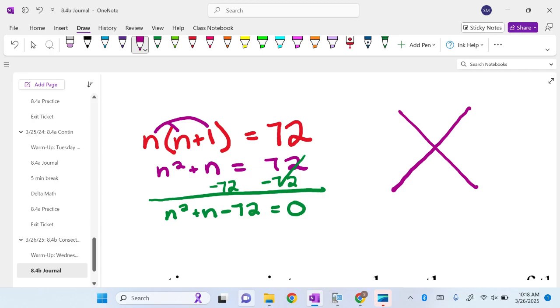So negative 72 goes on top because that's my a times c. 1 times negative 72 is negative 72. You good, maybe? All right. What goes on the bottom? Just 1. So I need two numbers that multiply to give me negative 72, add to give me 1. What are those two numbers?